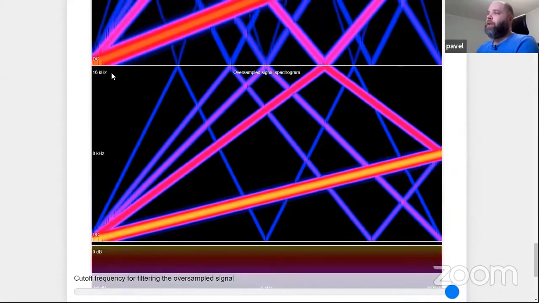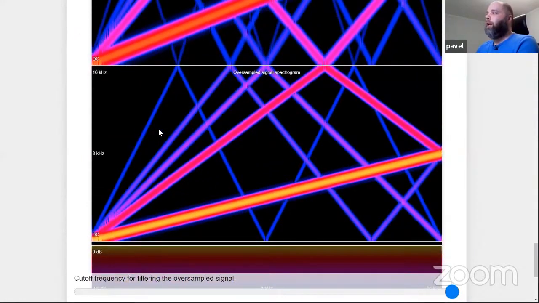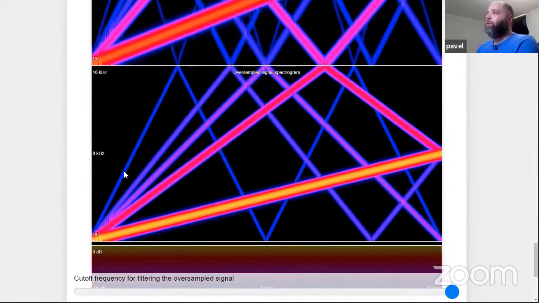So our upsampled Nyquist frequency becomes 16 kilohertz compared to 8 kilohertz of the initial signal. And we can see that the bouncing is reduced by 2 times. So we have more frequency space to accommodate all this crazy aliasing of high harmonics.